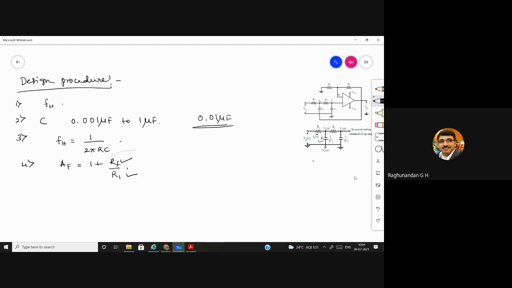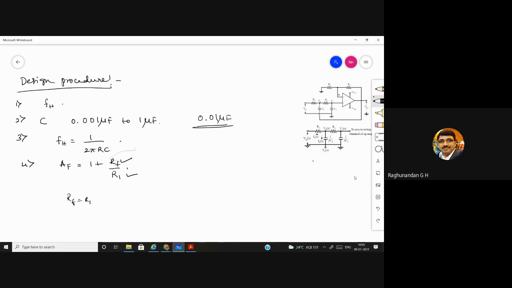And usually in the passband of any filter, we prefer to have a unity gain. So when we prefer a unity gain, then in the majority of cases we take RF is equal to R1.